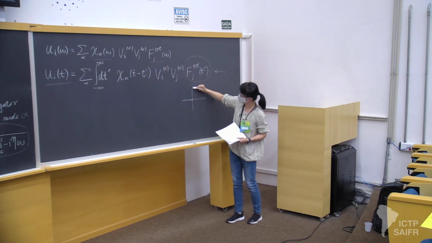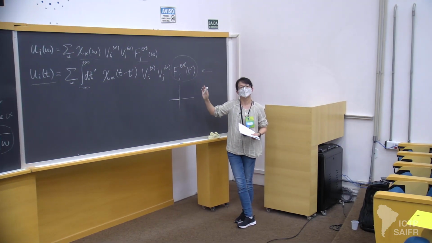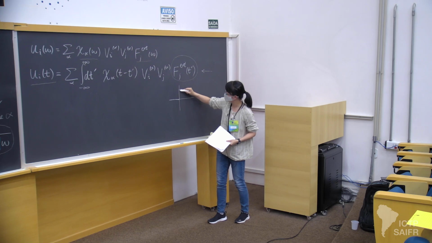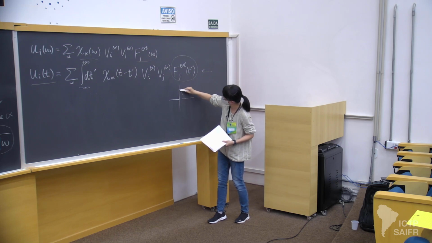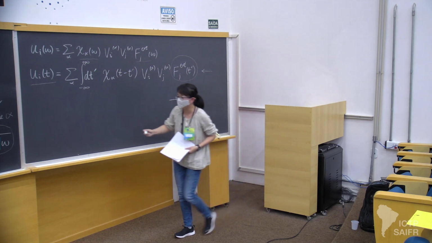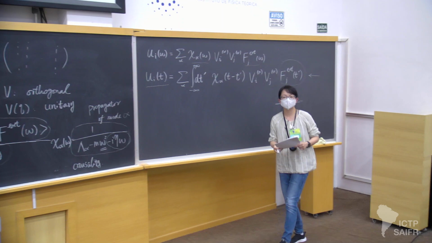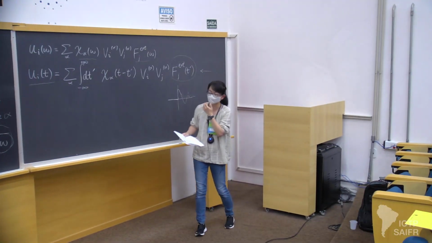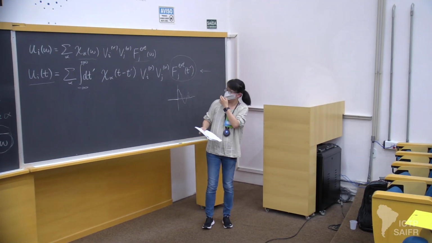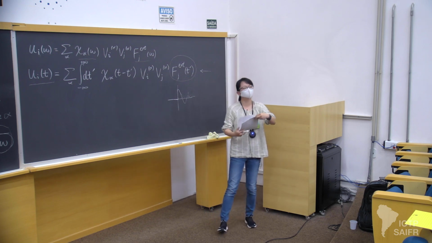And depending on whether it's overdamped or underdamped, you will have some form, I have to calculate it. It is all taken care of by this sign here. It's because it is a retarded Green's function.